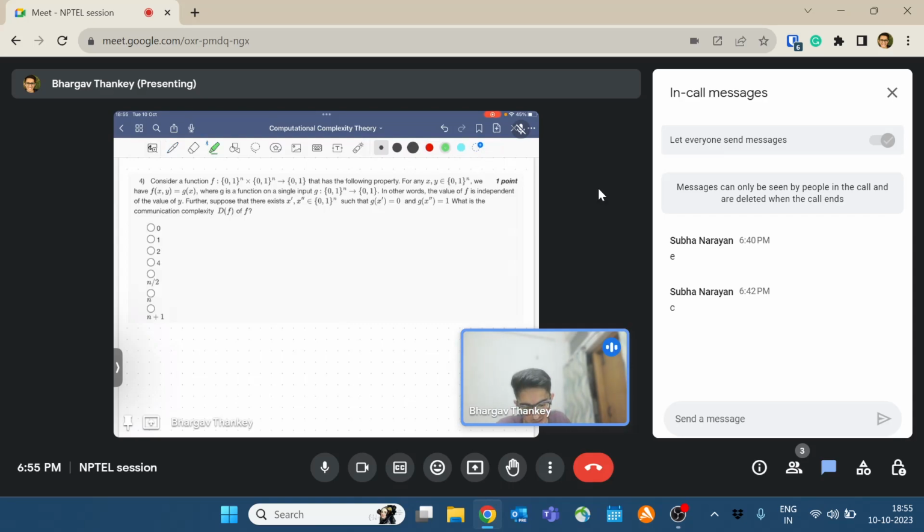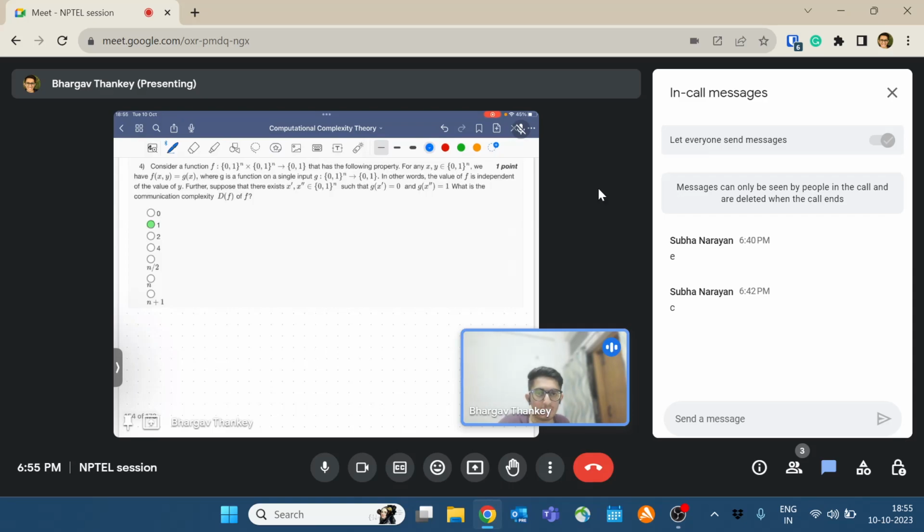Okay, so the correct answer is 1. The value of function f only depends on the input x, which Alice has, right? So all Alice has to do is compute g of x and send its value to Bob, right?